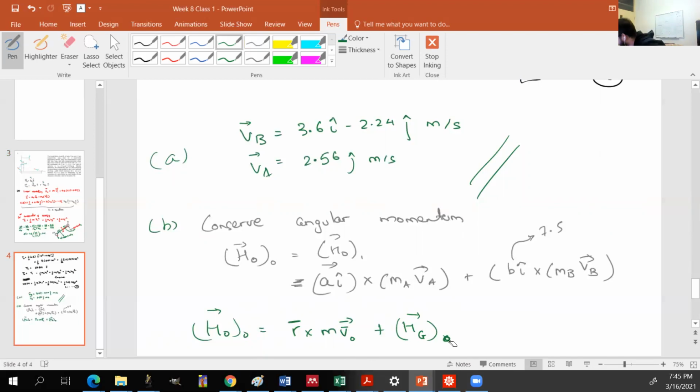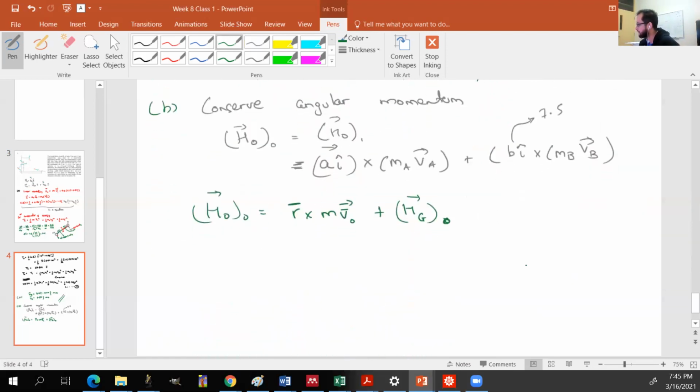So this is a 0 and this is an O inside. You're just trying to find out what the initial angular momentum is going to be. Now this is known, this is known, and we need to figure out what this last term is.